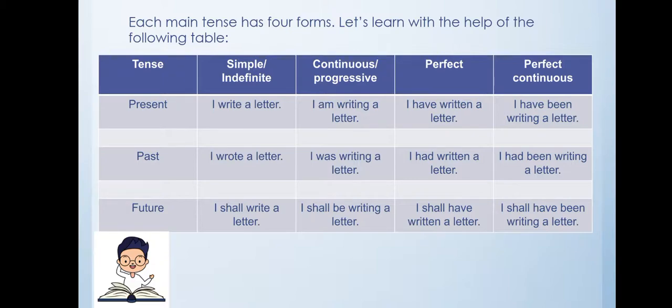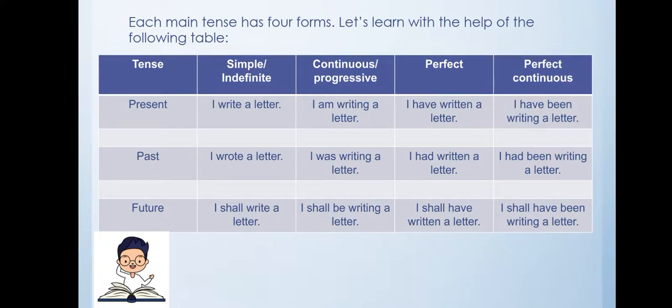Present tense: simple present tense or present indefinite, present continuous or progressive, present perfect, present perfect continuous. Likewise, past: simple past tense or past indefinite, past continuous or past progressive, past perfect, past perfect continuous. Future indefinite, future continuous or progressive, future perfect, future perfect continuous.